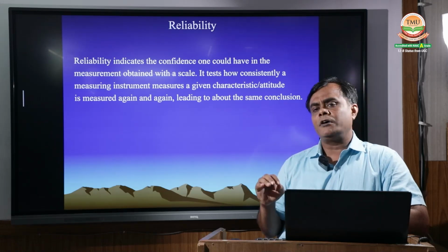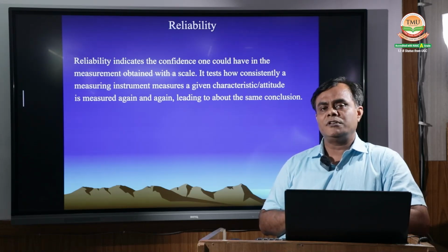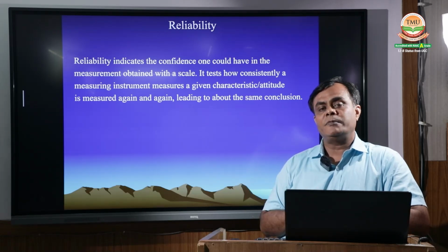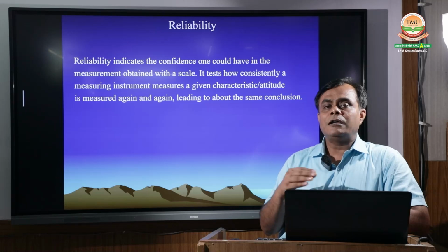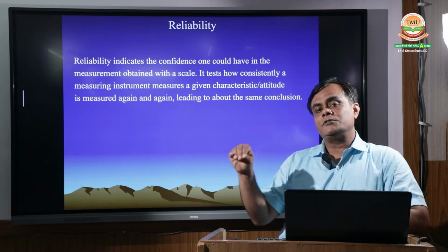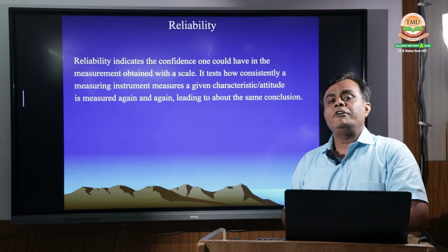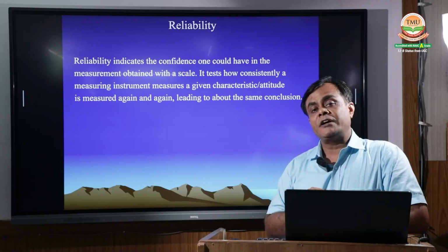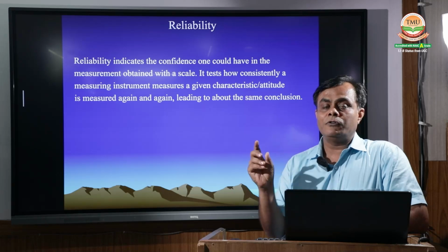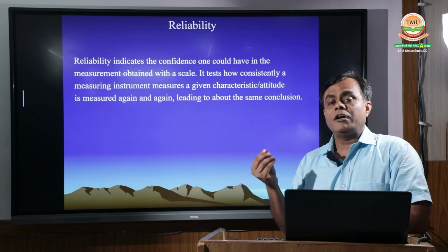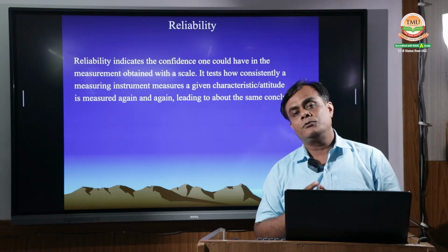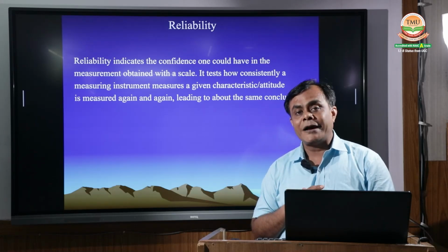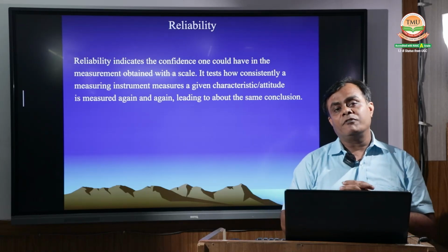For example, someone stands on a weighing machine and the weight shown is 64 kilos. After a few minutes the same person stands on the machine again and the weight is not 64 kilos; it might be 63 or 65 kilos. Within a few minutes or an hour, it is not possible for that person's weight to actually reduce, so the problem is in the weighing machine.